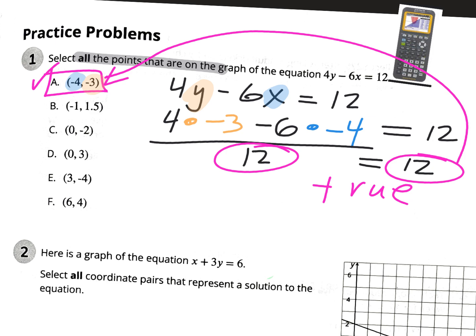The other answers that are correct, that are solutions to the equation, are B, so B is also one, and D is also one. If you're not sure why, please ask me or a peer tutor or our co-teacher and let us know how we can help. But you should have A, B, and D for number 1.